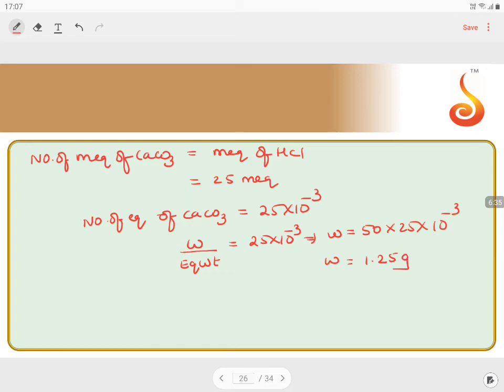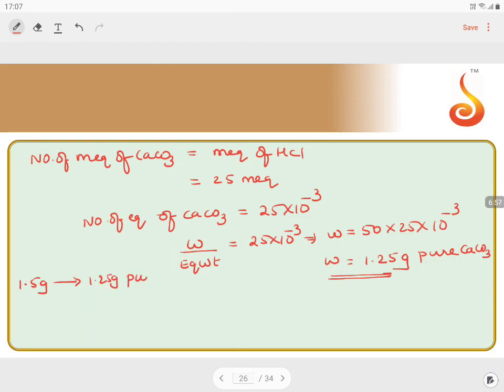So that is 1.25 grams. This is the pure CaCO3 utilized in the neutralization process. But originally we have 1.5 grams of sample, of which the pure CaCO3 is 1.25 grams.